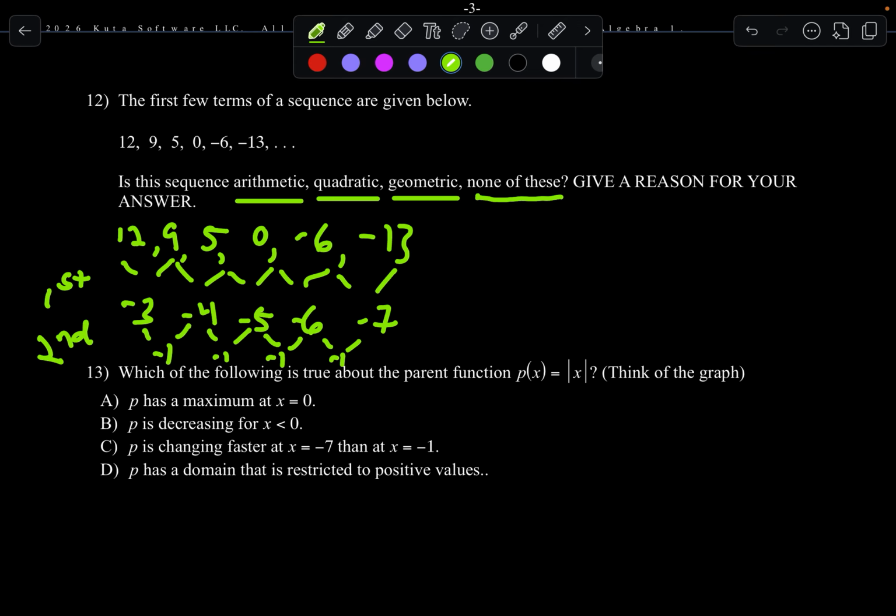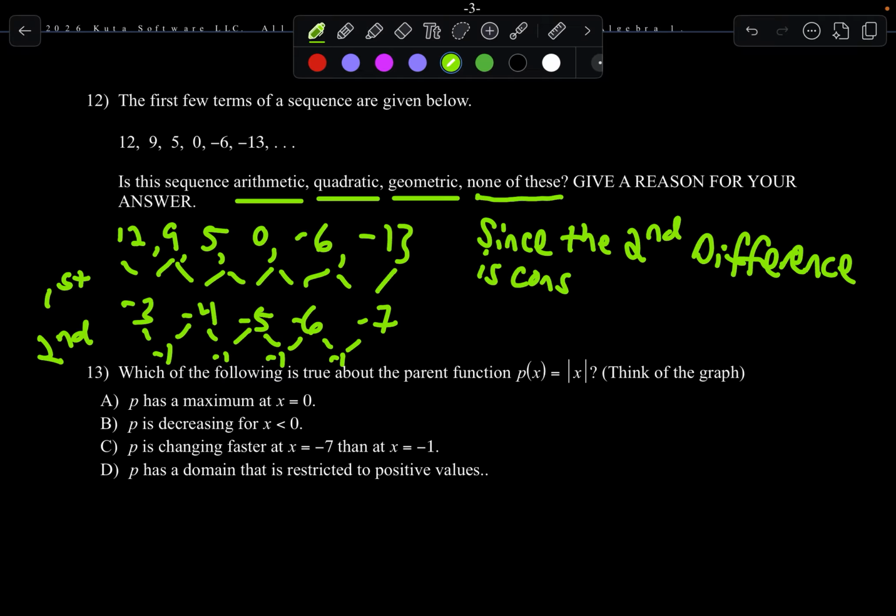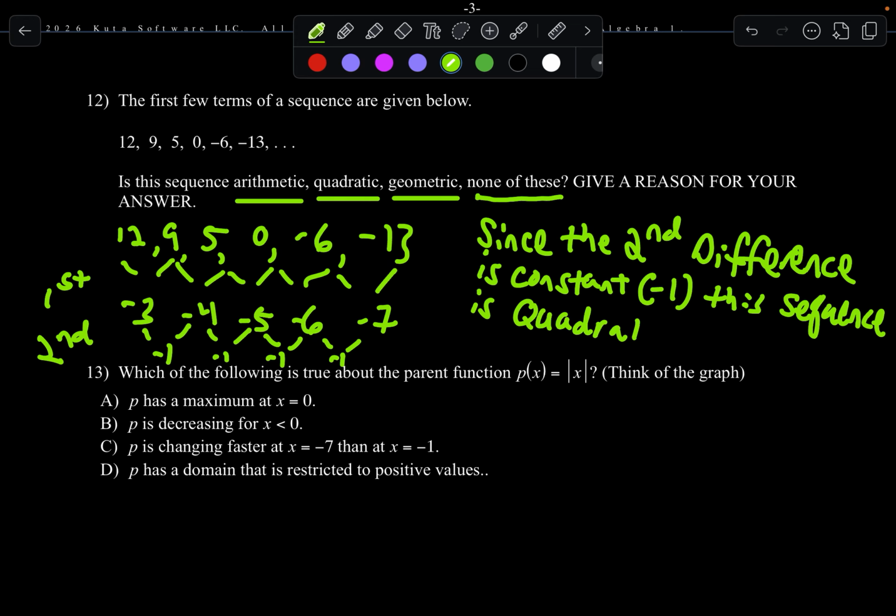So you would say, since the second difference is constant, that is, it's -1, this sequence is quadratic, because the second difference is constant.